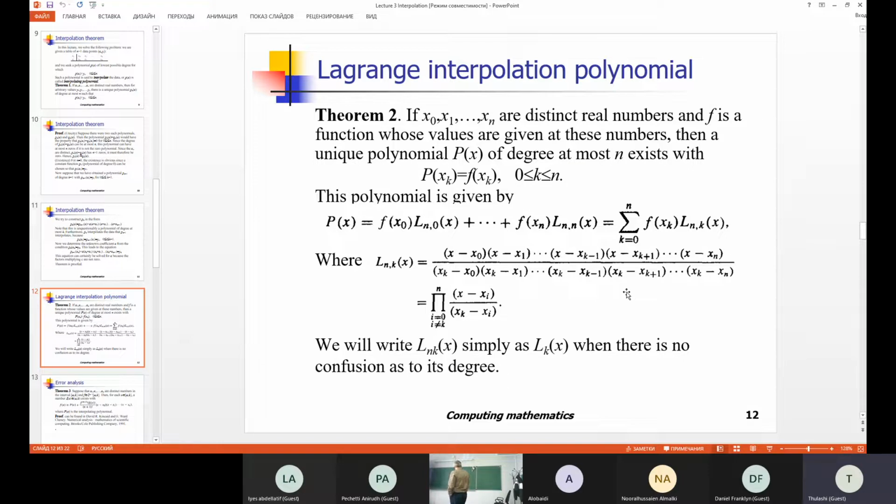And the last function, L2 of x. Here, k equals 2. And I should skip the point 2: x minus x0, x minus x1 over x2 minus x0, x2 minus x1.